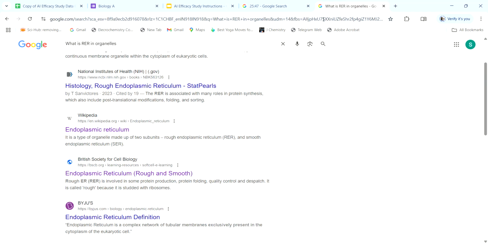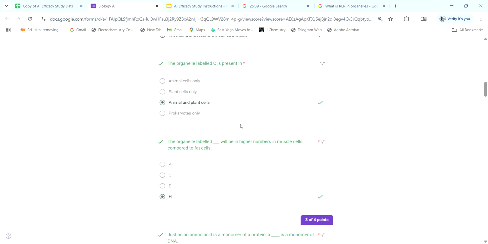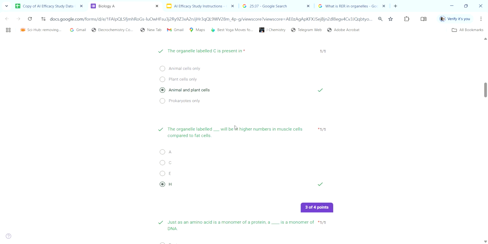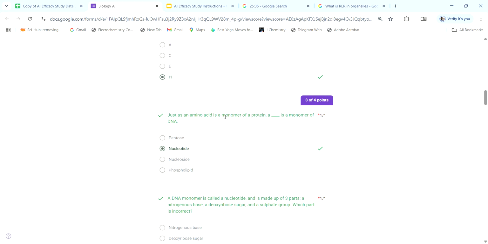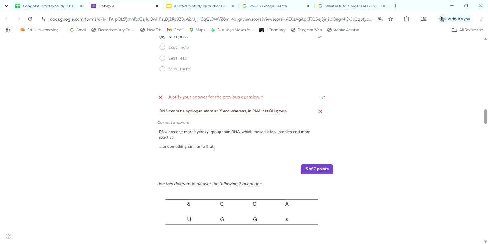So I will move to the next wrongly answered question. Mm, that is the justification. Okay, so RNA has one more hydroxyl group than DNA, which makes it less stable or more reactive.